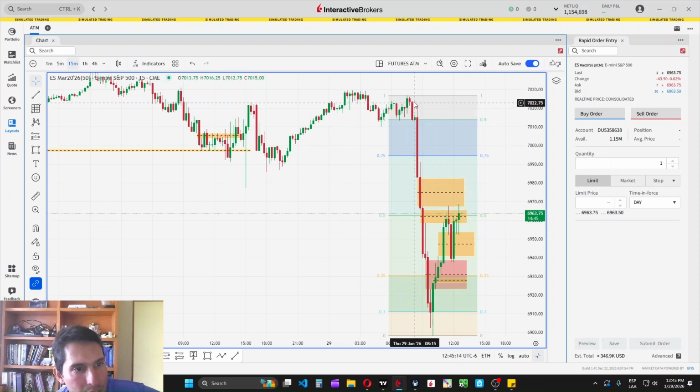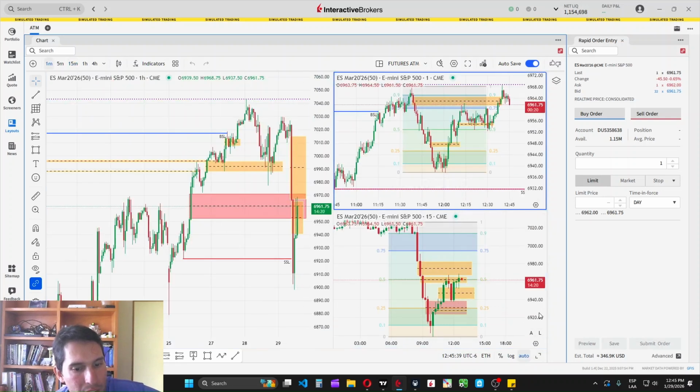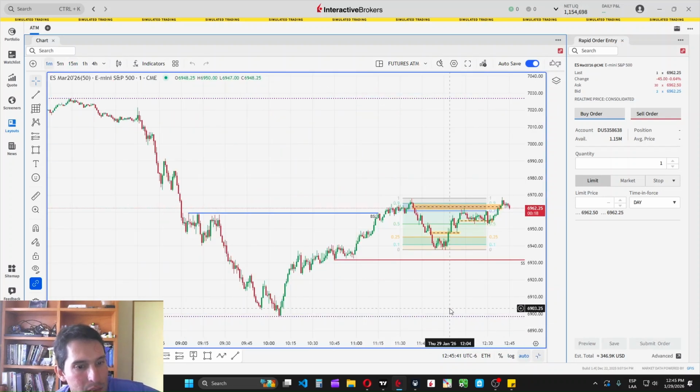But as you can see, this pullback to the upside is in the 50% of this movement right here to the downside. So to me, that's a risky trade. So right now, I'm looking for a short. I'm looking for price to get to this fair value gap or even go higher, and then try to take a short. So what I expect in the 1 minute chart is this.